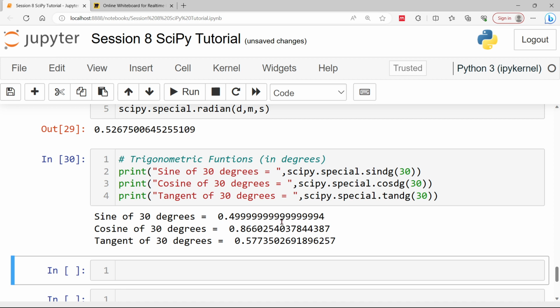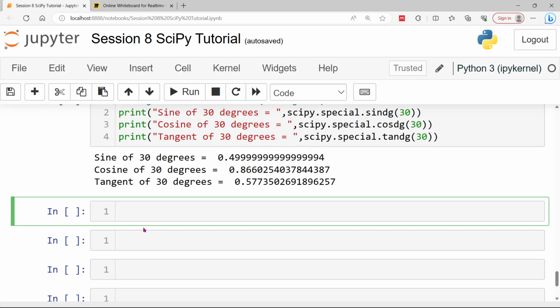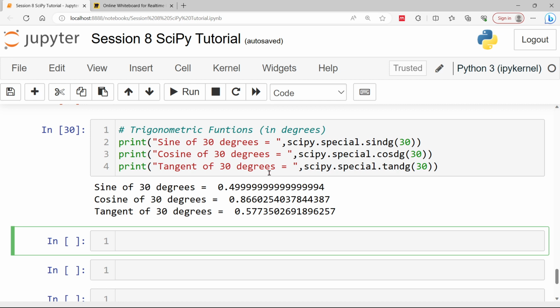We will discuss the details of these spatial functions later, but as of now we are dealing with sine 30 degrees, cosine 30 degrees and tangent, right? The same functions are available in the math module also, but sometimes we need advanced values, and we have more accuracy in these spatial functions in scipy, right?